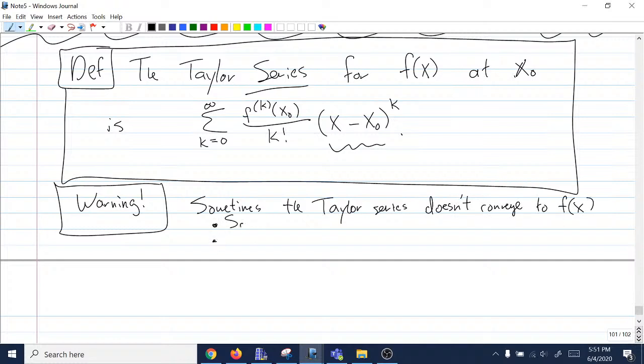That happens in two ways. Sometimes it just doesn't converge. But sometimes it converges, but it converges to the wrong thing.